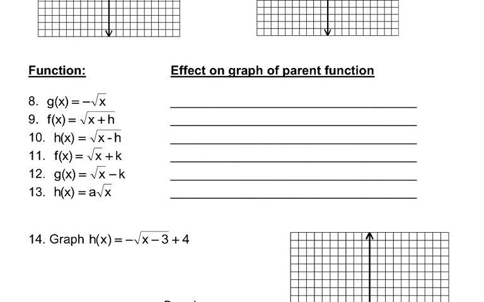All right, so let's kind of summarize here what were the effects. So a negative in front is going to reflect or flip over the x-axis. Adding on the inside, so when we're adding on the inside, it's going to go to the left h units.